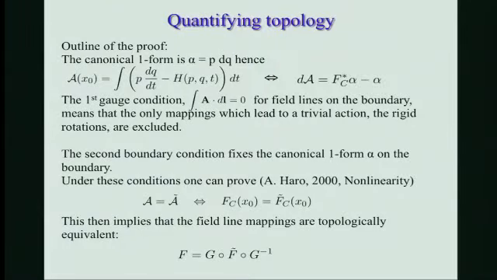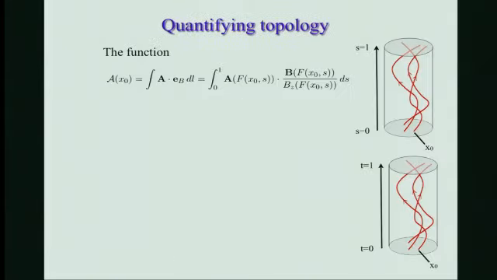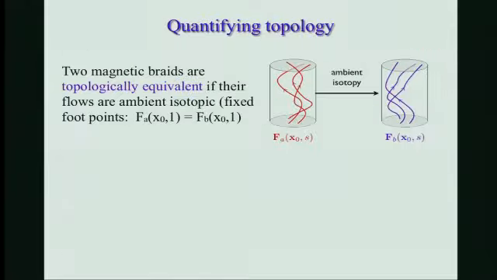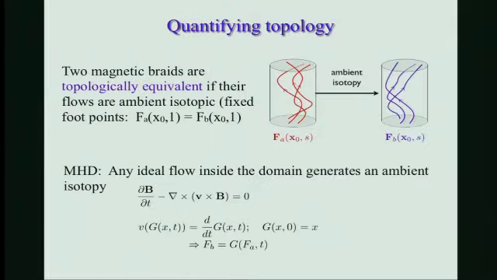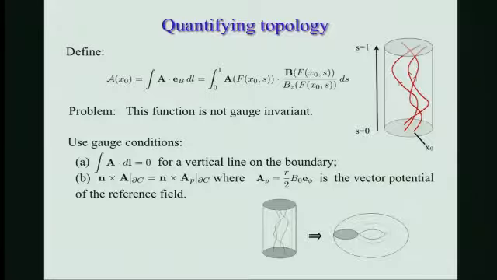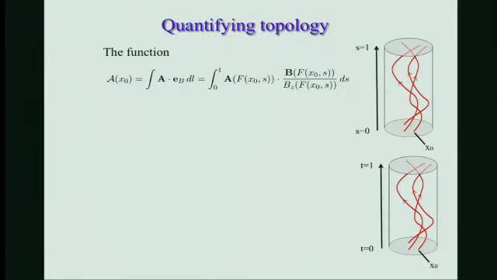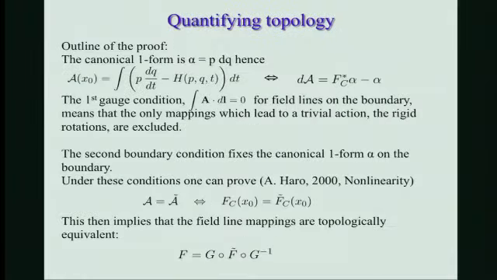And then you find that this boundary condition, the second boundary condition which I showed you, here, boundary condition B, fixes this canonical one form alpha on the boundary.